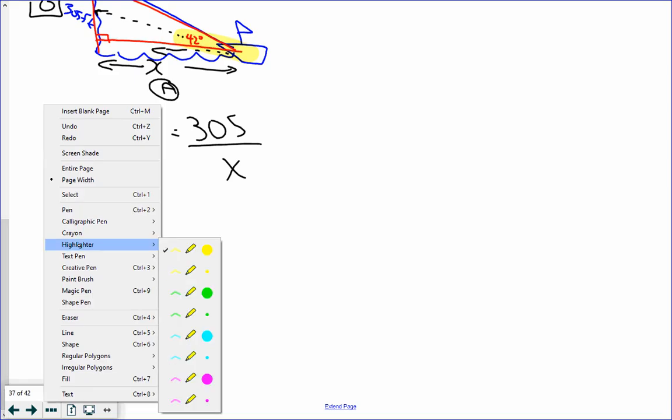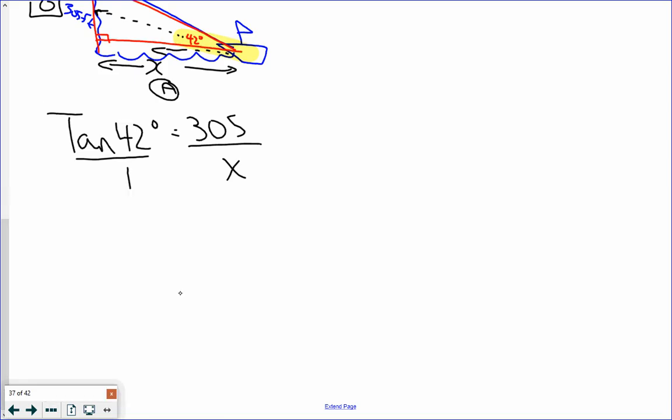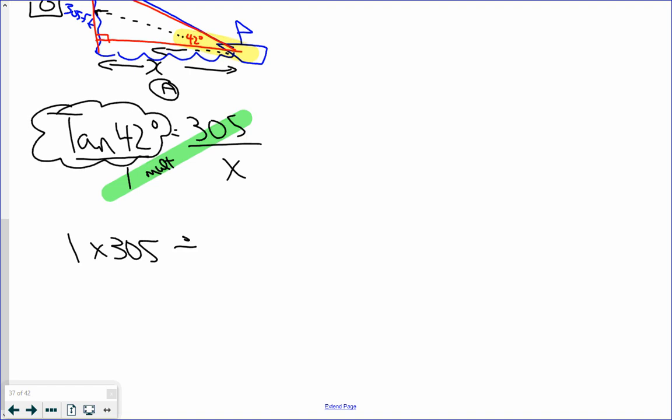The diagonal does not have the x. So that would be that guy. So on your calculator, you're going to go 1 times 305. Remember, you have to do the multiply first. So 1 times 305, then you do the divide.